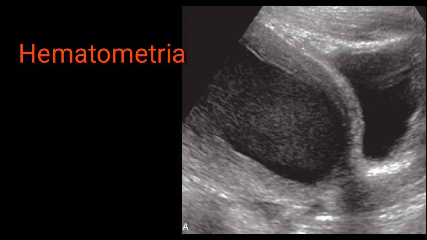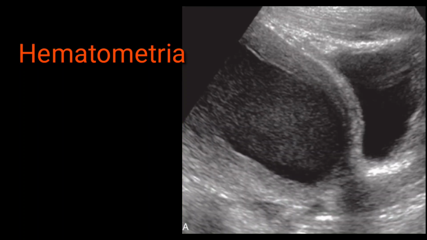Because of the cervical stenosis secondary to cervical carcinoma, this blood cannot come out through the internal os and external os and still remains inside. As a result, the uterus is getting enlarged, and on the ultrasound images this is what you can see. If this condition is visualized, again the best procedure is to mention that the uterus is distended with a distended endometrial cavity having a complex collection within it, low level internal echoes.